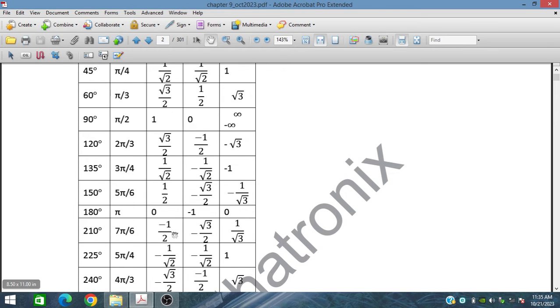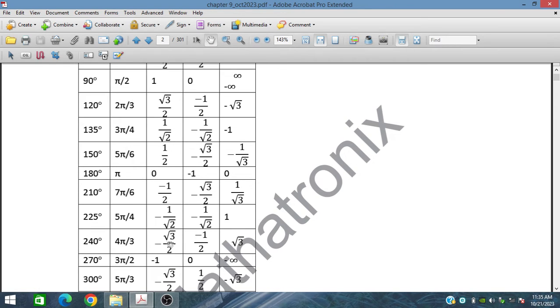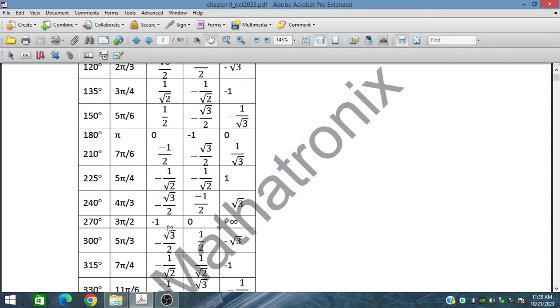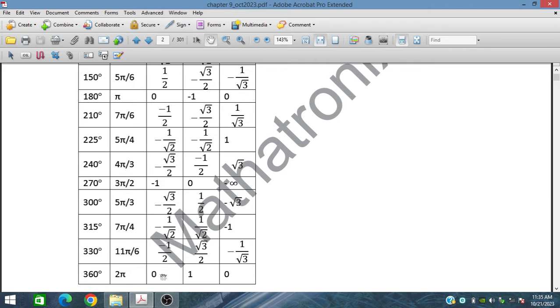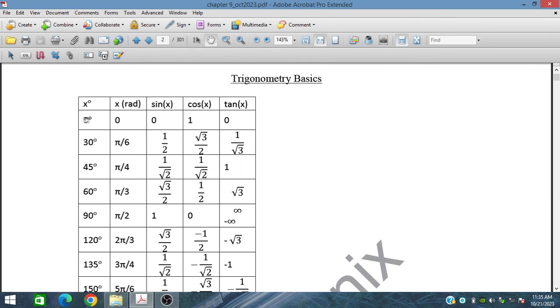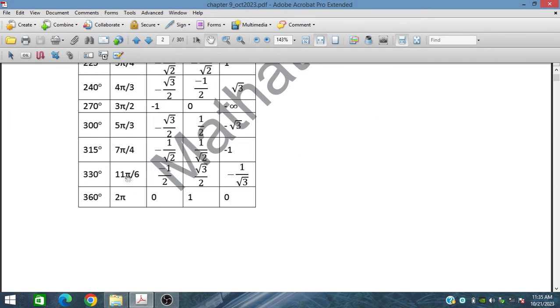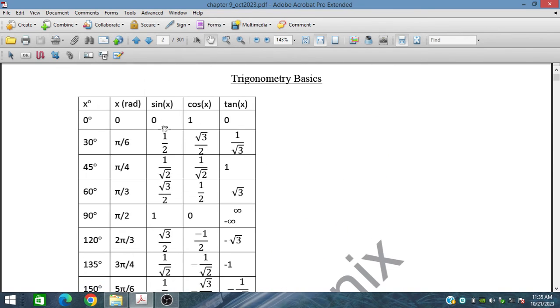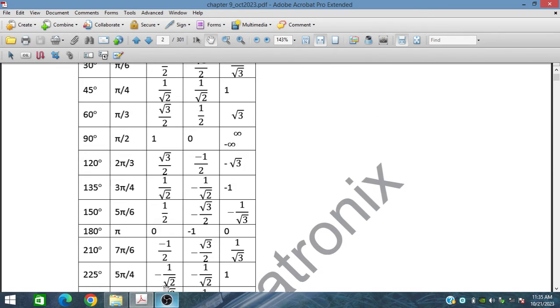Similarly 210 is minus 1 over 2, 225 is minus 1 over under root 2, 240 is minus under root 3 by 2, 270 is minus 1, and 300 similarly. Now we have obtained all these values from 0 to 360, and the corresponding sine values are given here.